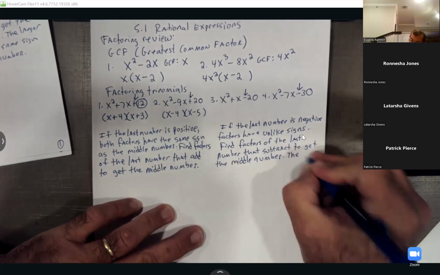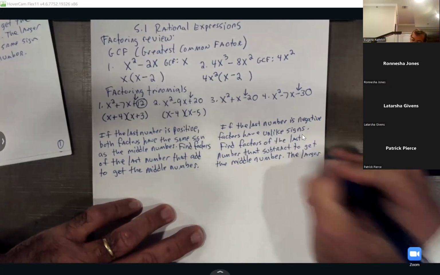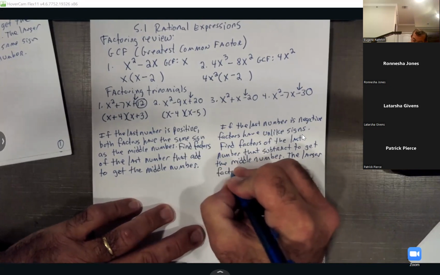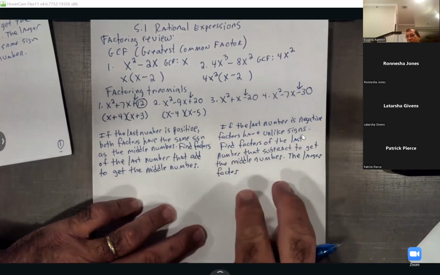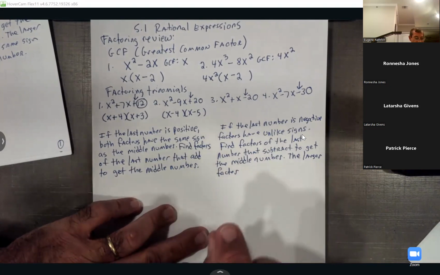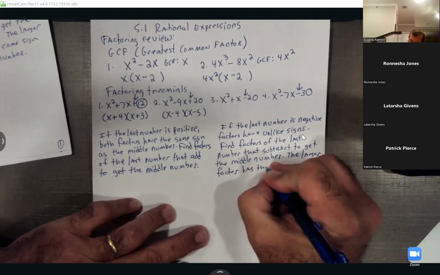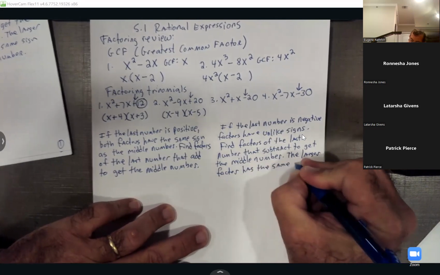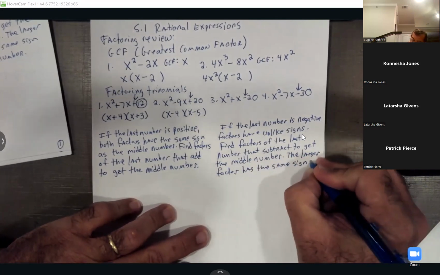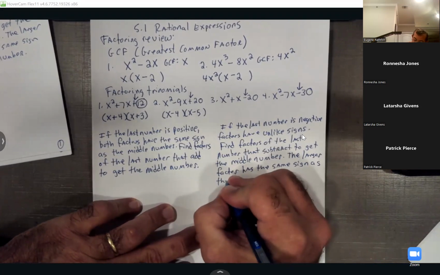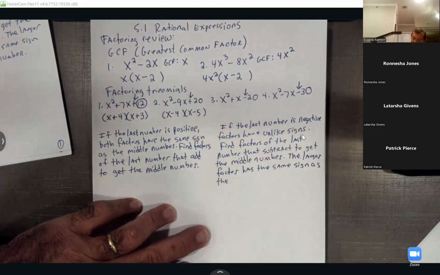So the larger factor. Of your two numbers that you find, the larger factor has the same sign as the middle number. Oh, okay. So it's -10 and +3, right?